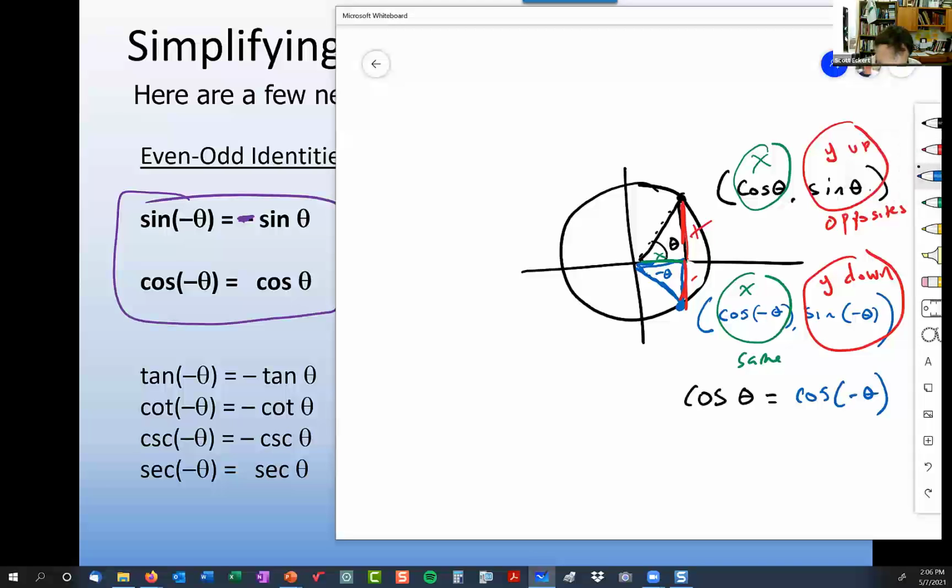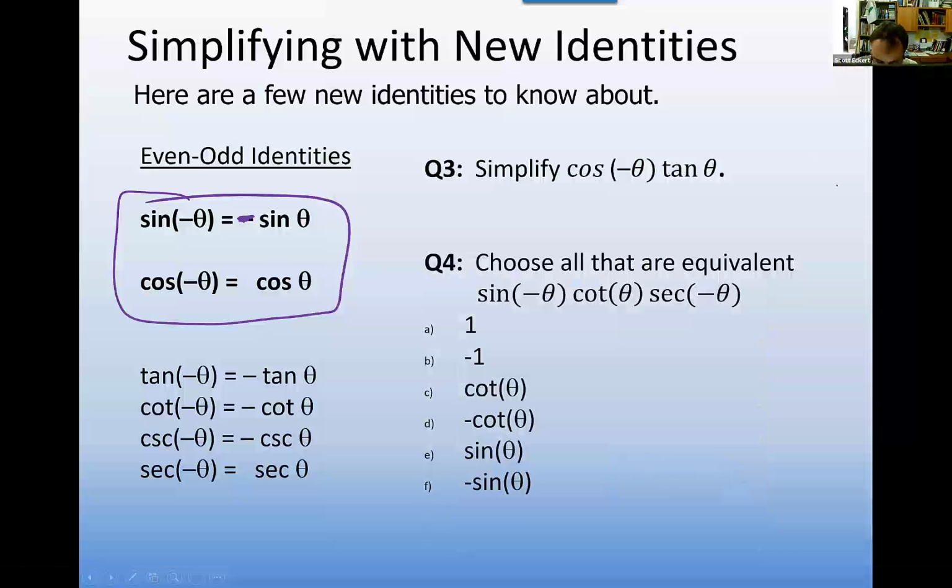If I do the blue one, it is not the same as sine theta. They are opposites. So one is positive and one is negative, and I'm just going to put the negative right here, and that way it tells me I've got the opposite. Now, for some of you, that clicks in and intuitively you can see it. And that's all that I want you to get right now, just the intuition. If you did not get that intuition, it's okay. You still have to learn these and get really good at them.